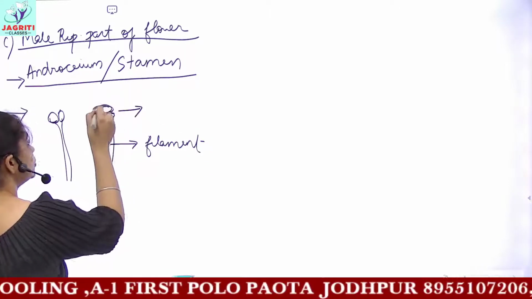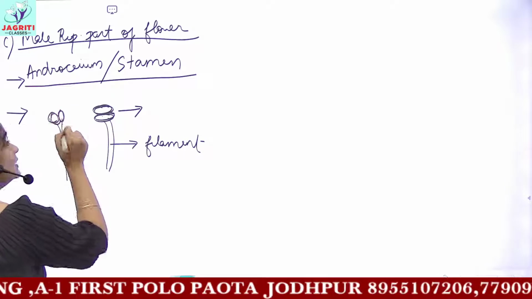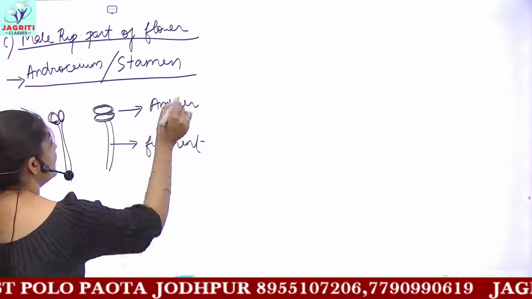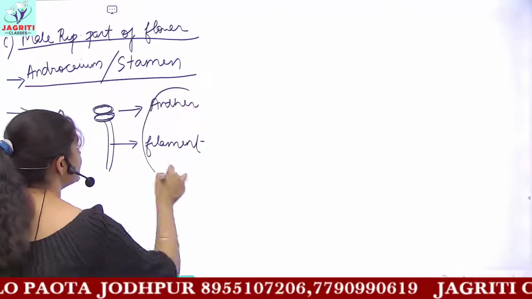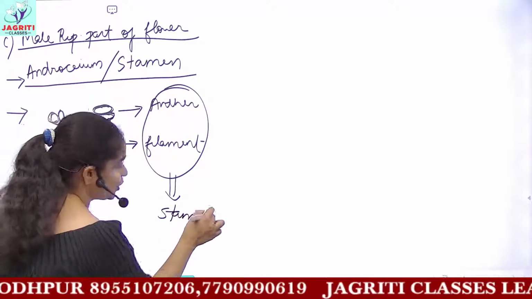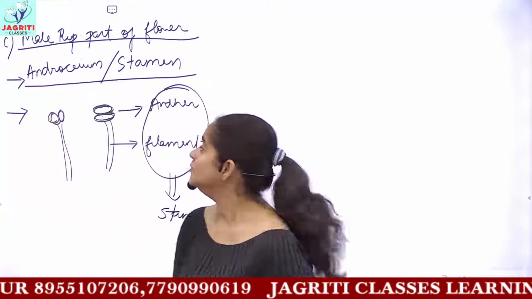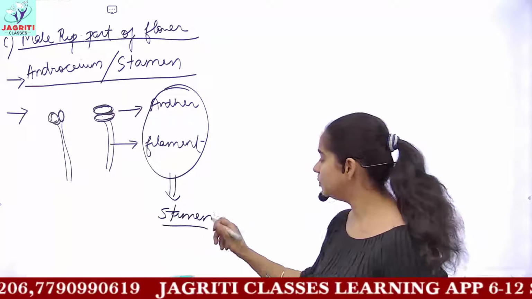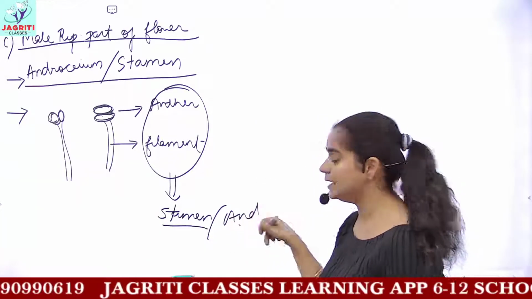You can see the two lobes here. So this bilobed structure is known as anther. And anther plus filament are combinedly called stamens, which is your male reproductive part. So the male reproductive part is known as androecium. You can call it stamen or you can call it androecium.